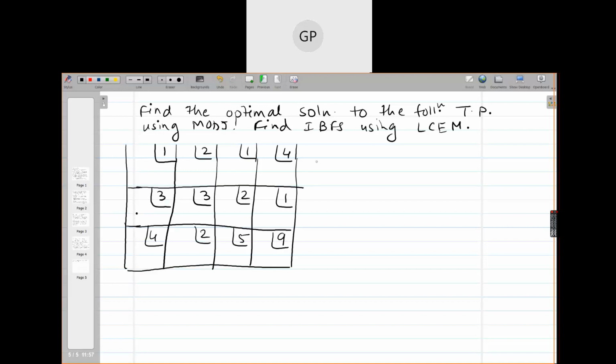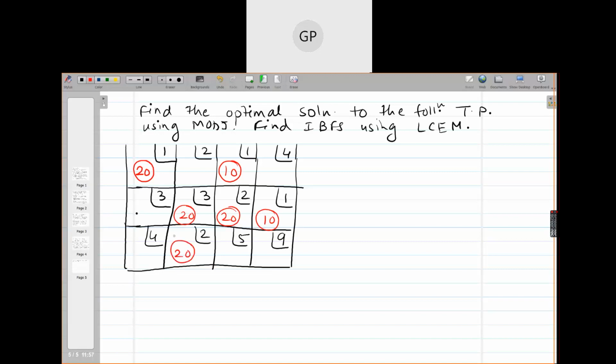Okay, and the solution I'm giving you: 20 units here, then 10 here, then this is 20, 20, 10, and this is 20.